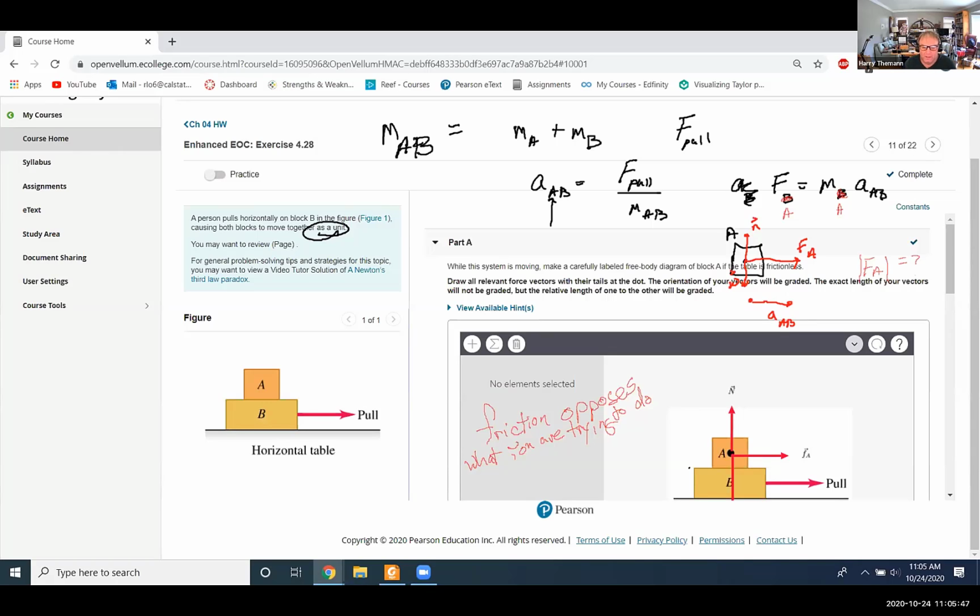The other way to think about this is that we know that block B is trying to accelerate to the right, and it's not achieving the acceleration that we expect.